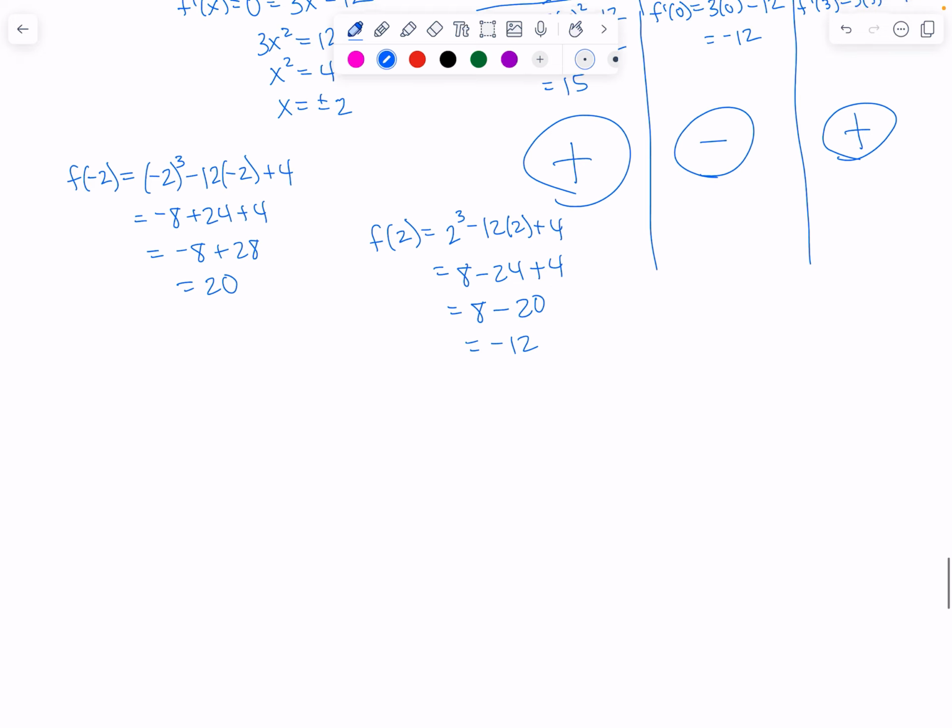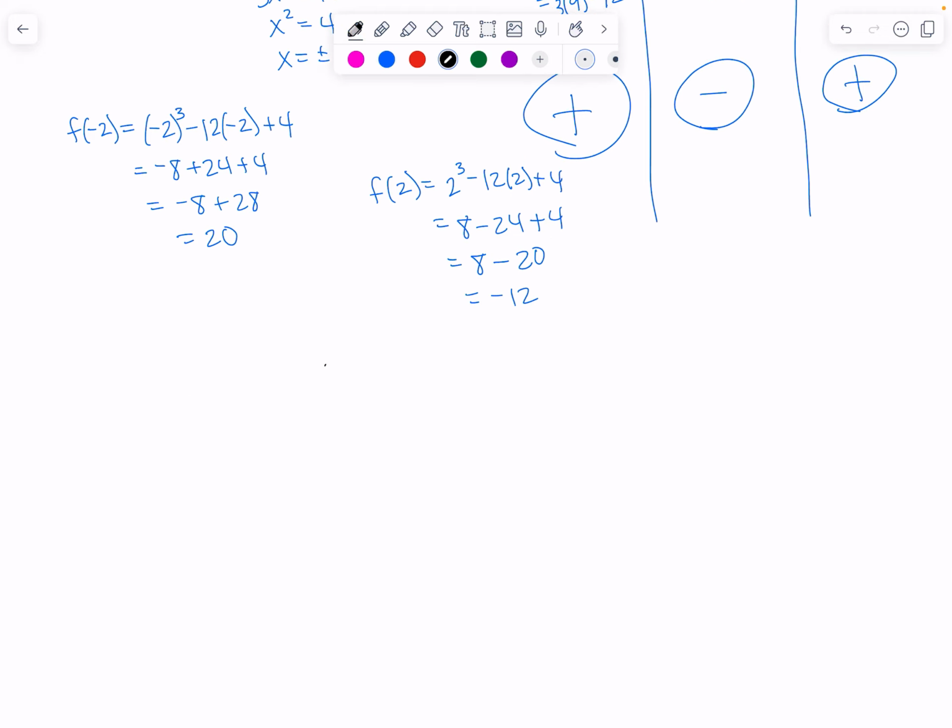Okay, so we have some points now. At negative 2, it's at 20, and at positive 2, it's at negative 12.